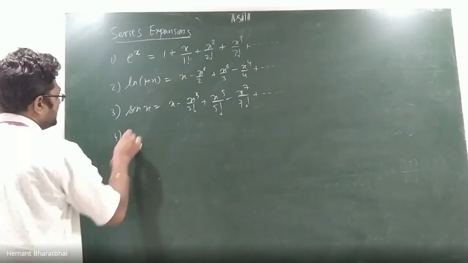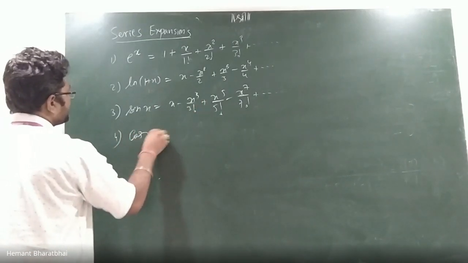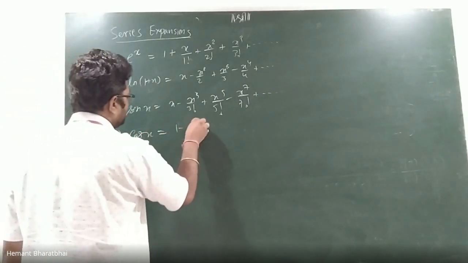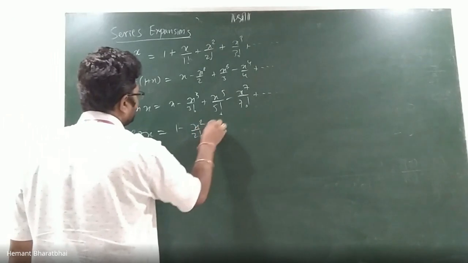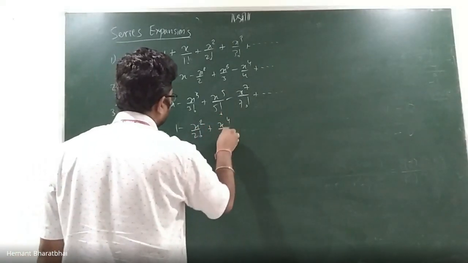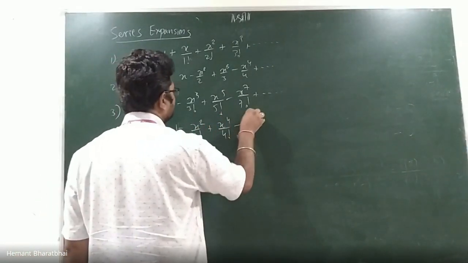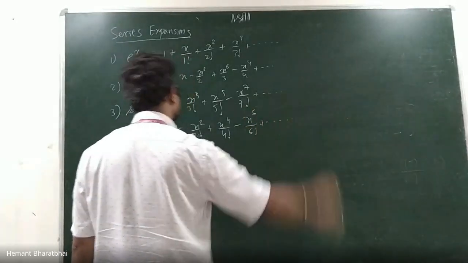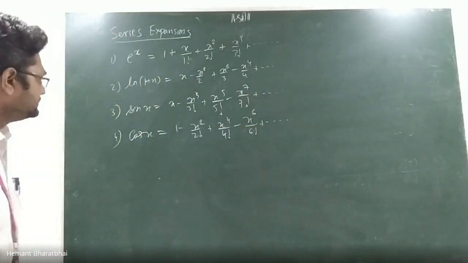And fourth, cos x series expansion can be written as 1 minus x square by 2 factorial plus x raised to 4 by 4 factorial minus x raised to 6 by 6 factorial plus and so on. Okay.